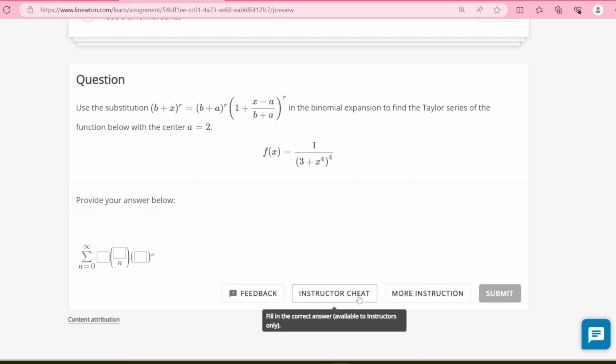Next to that, you will not have this instructor cheat button. This is just for me, for instructors only. But you should have a more instruction button.